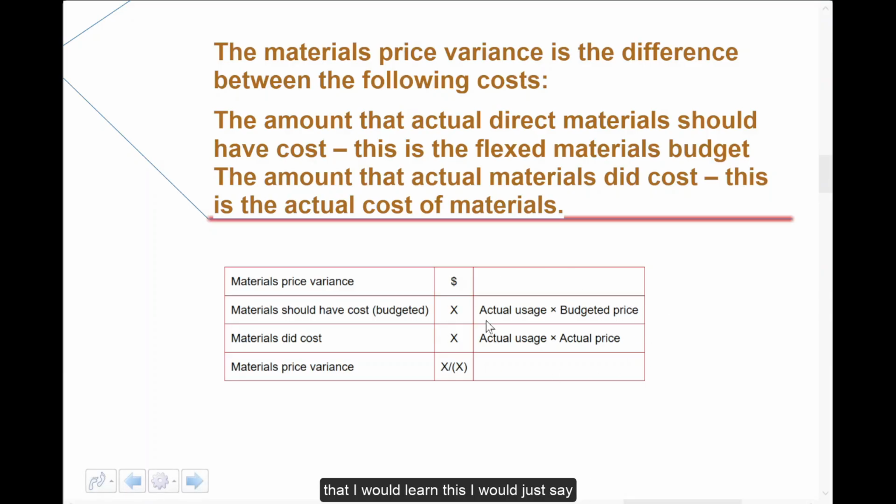I would just say AU times BP, and then AU times AP. The only thing that changes is the price, budgeted versus actual. The difference between those two is the materials price variance, either adverse or favorable.